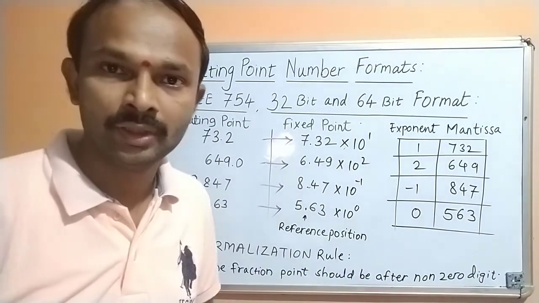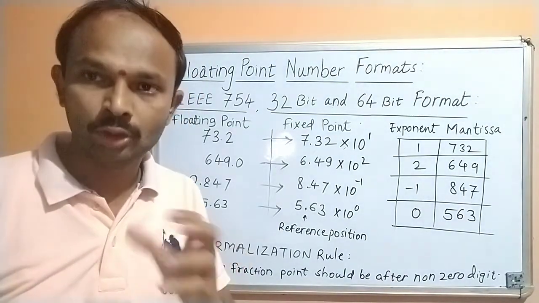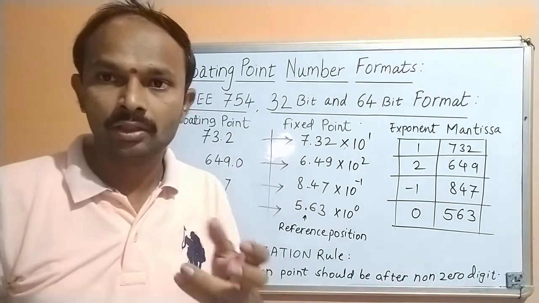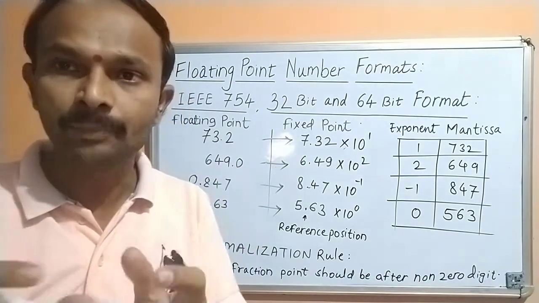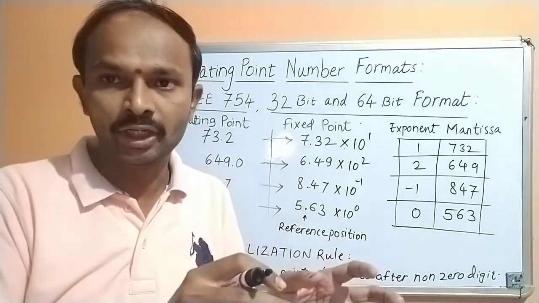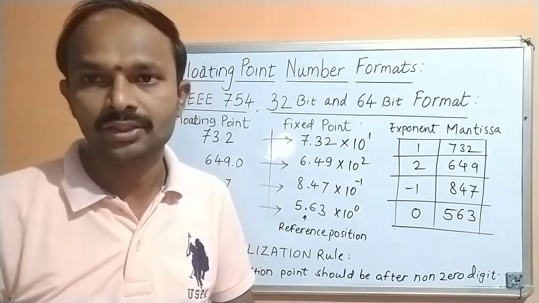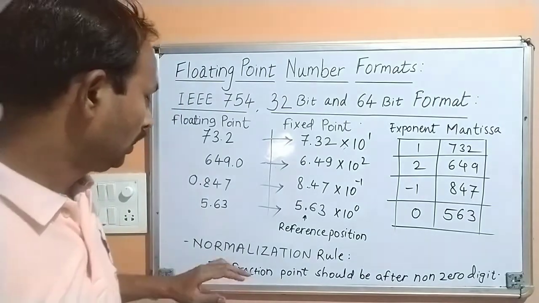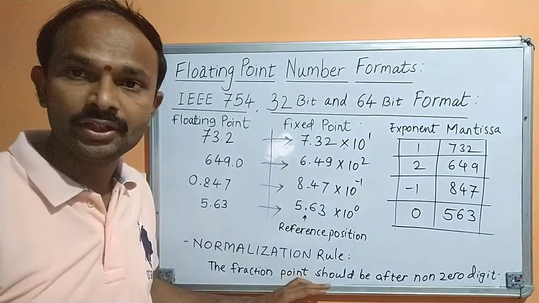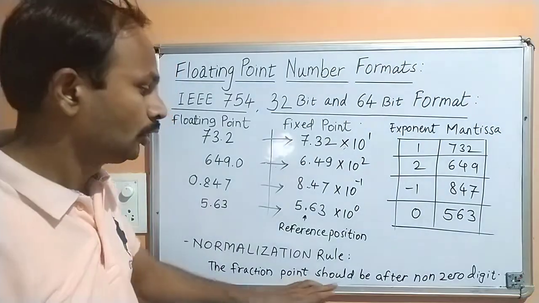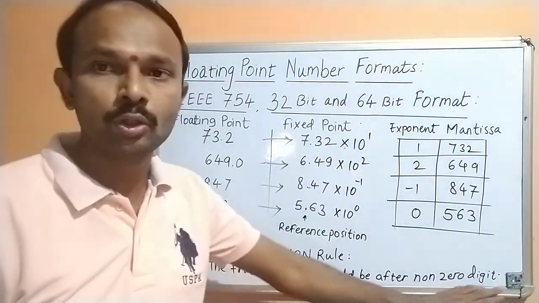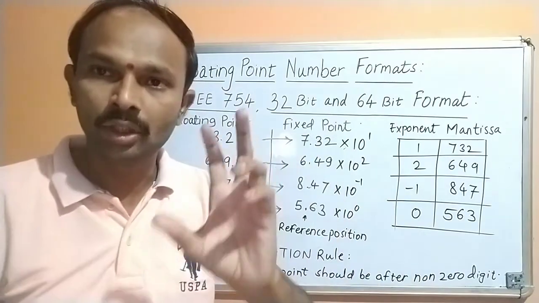Converting the floating point number into a fixed point number is called normalization. There is a normalization rule that the fraction point should be after a non-zero digit. We need to remember it.